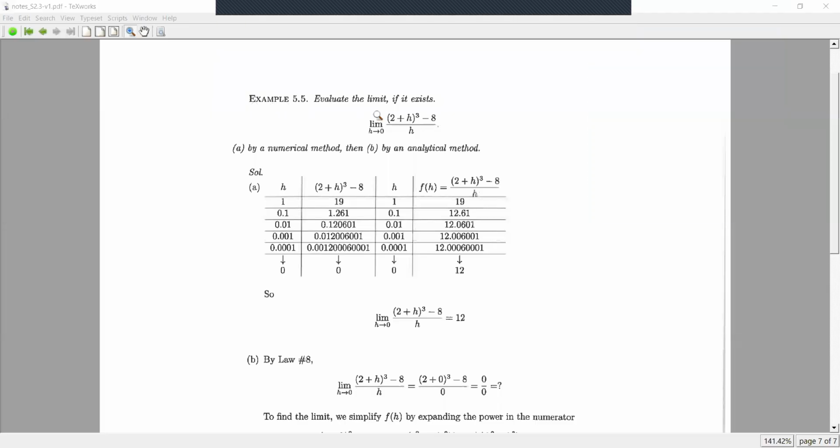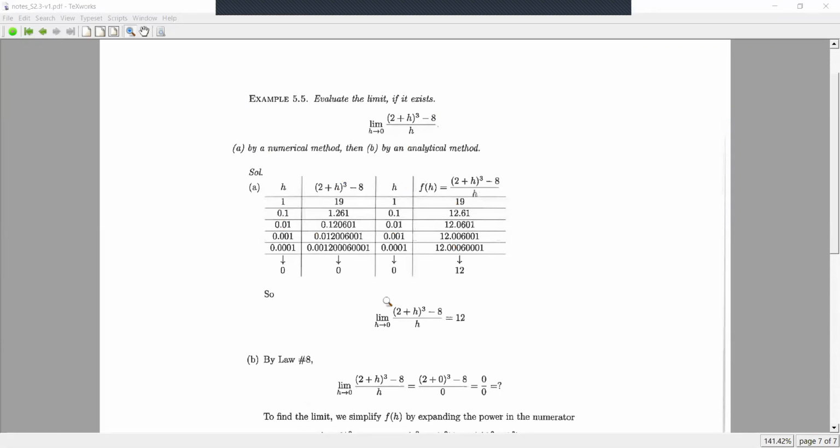Example 3. Find this limit by a numerical method, then by an analytical method. To answer question A, I make this table. The first column is for the independent variable h. The second column is for the numerator of the function.